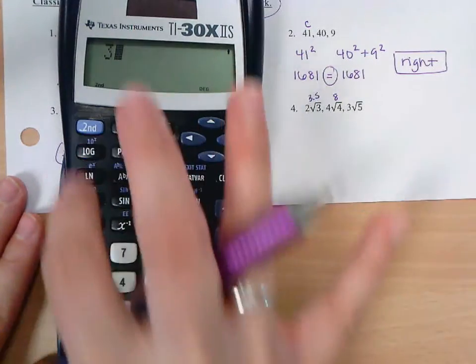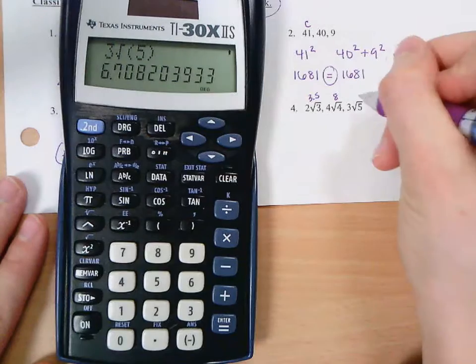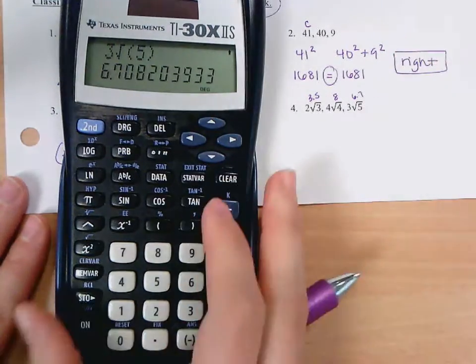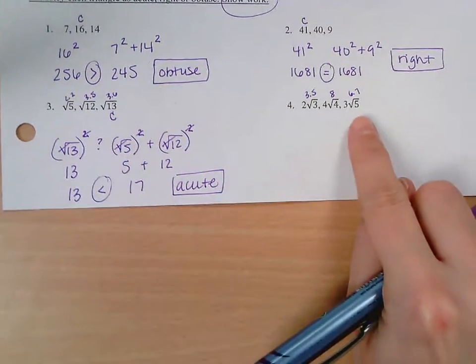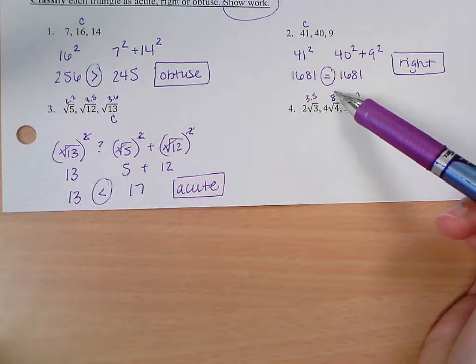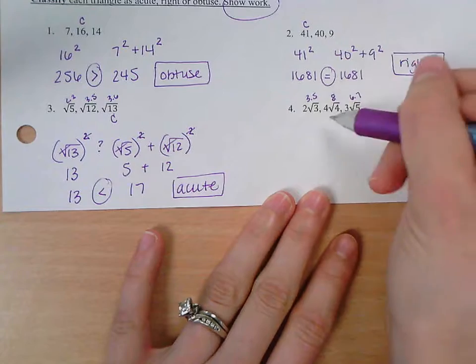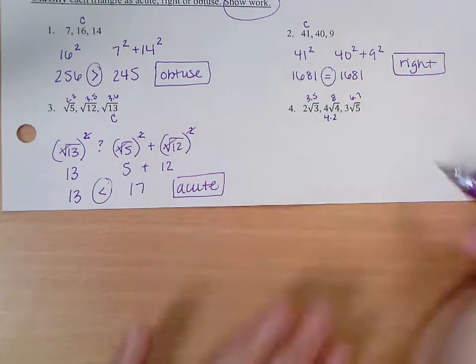And 3 times the square root of 5 is about 6.7. You might have looked at this and said the one with the square root of 5 must be the largest. It's not, though. 4 square root 4 is the largest. And this is exactly 8, because keep in mind, the square root of 4 is 2. This is just 4 times 2.